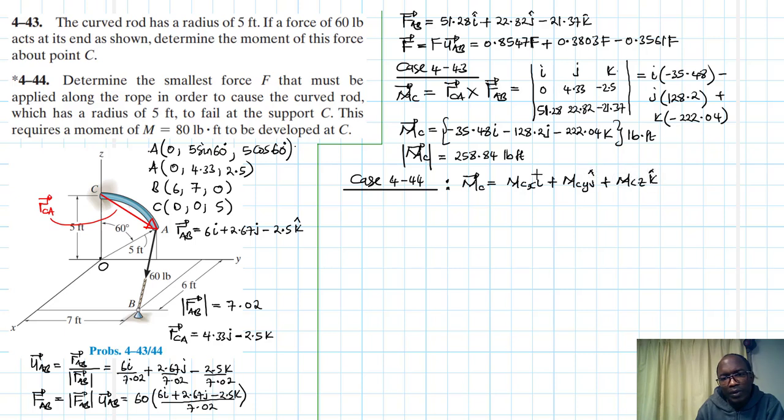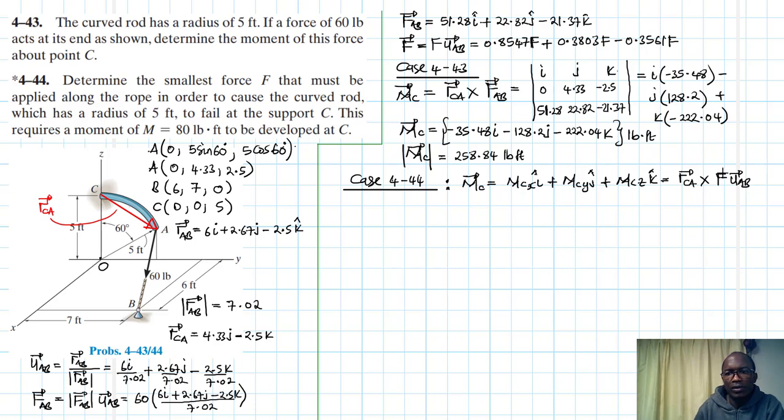Okay, and then later on we know that this MC is supposed to be equal to RCA cross FUAB. Okay, and we found this already, if you remember.